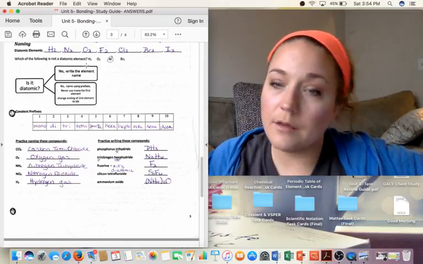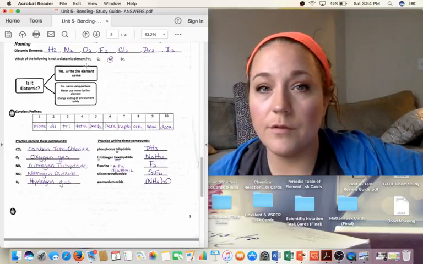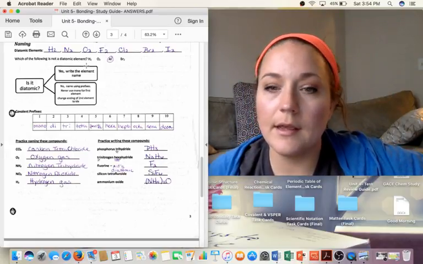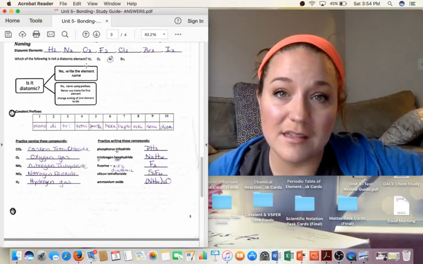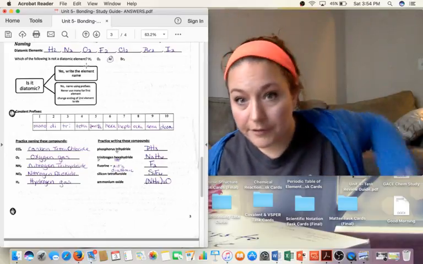So what in the world does this mean? It means that for the first element in a covalent bond, such as carbon, if there's only one of them, like carbon dioxide, so it's CO2. Let me write this down for you.